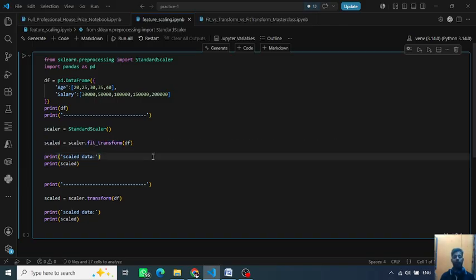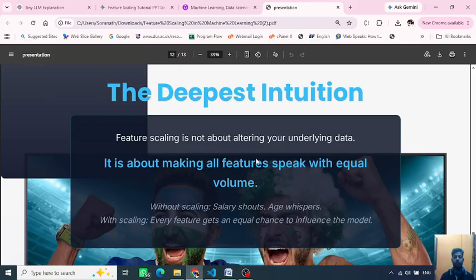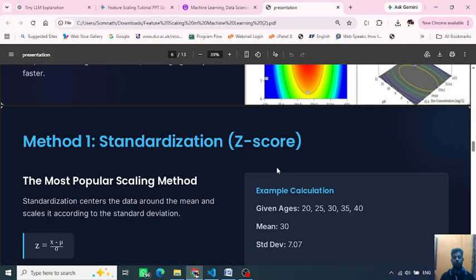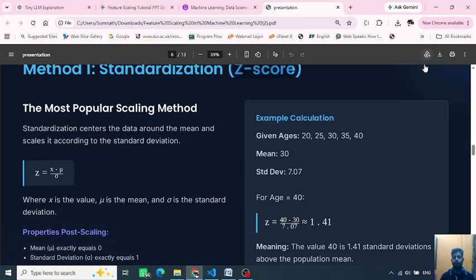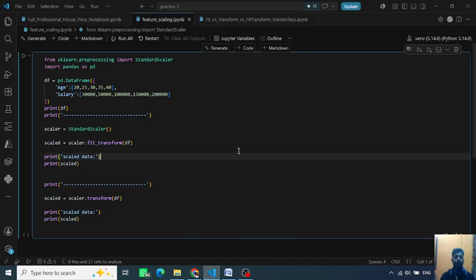First, it calculates the mean and standard deviation, and then it transforms the values, because these two things are needed to transform the values, right? For the z-score, this formula. And now the data is scaled, and we are printing the scaled data.